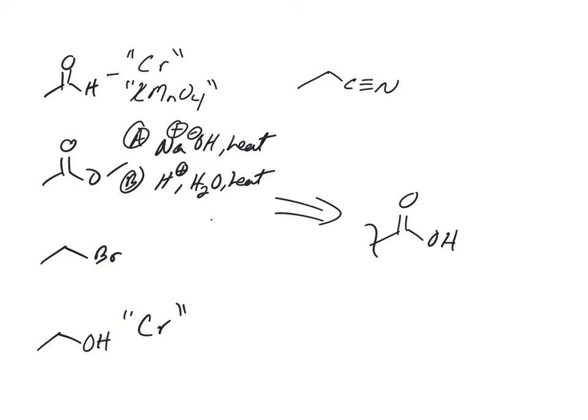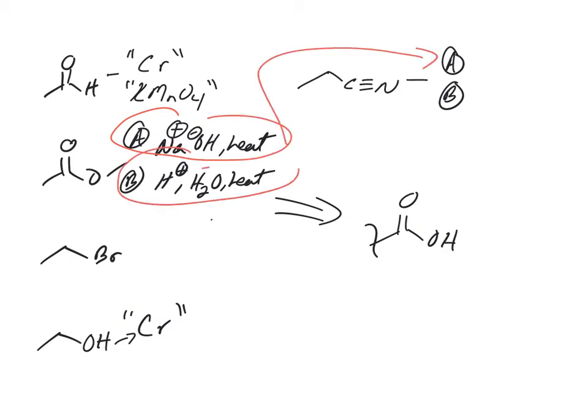If you have a nitrile, you can use acidic or basic conditions to turn that into a carboxylic acid, just like those reagents over here. The same exact thing will work to turn that nitrile into a carboxylic acid.